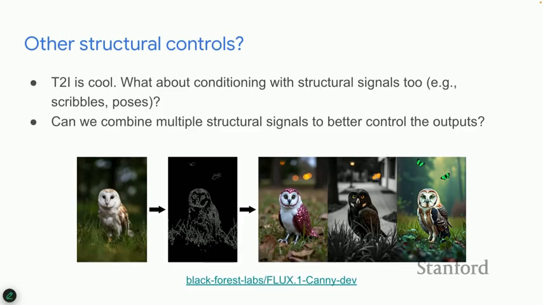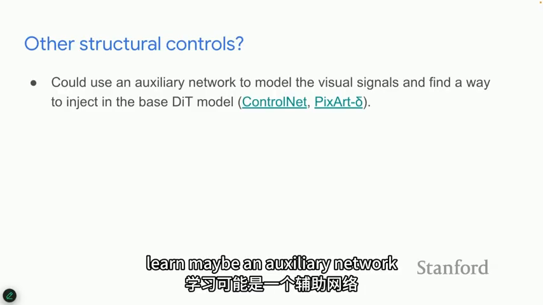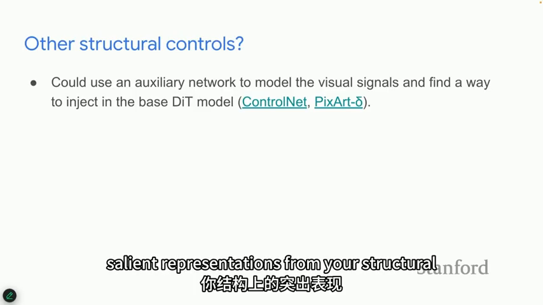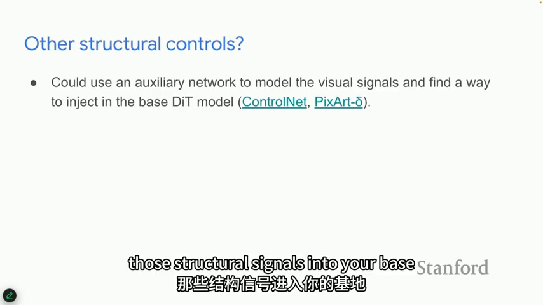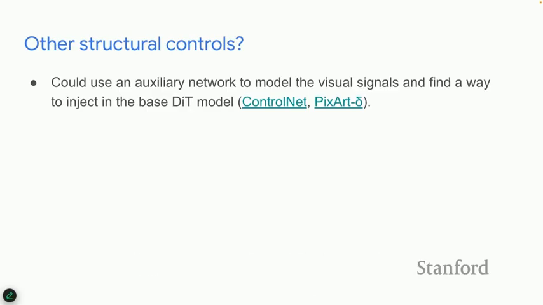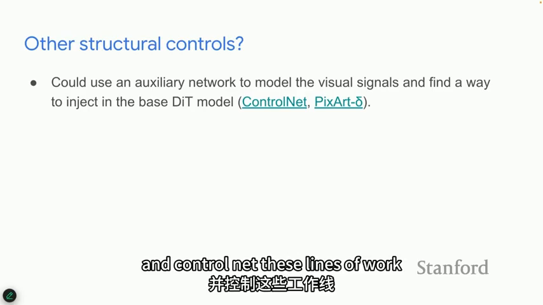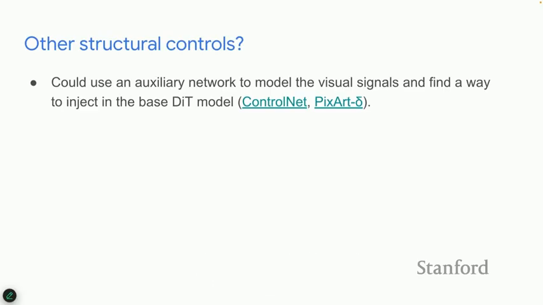So one could be to learn maybe an auxiliary network that gives you a way to compute salient representations from your structural image signals, and maybe you then figure a way out to inject those structural signals into your base diffusion model. So that could be one. And ControlNet, these lines of work, they basically follow this philosophy.